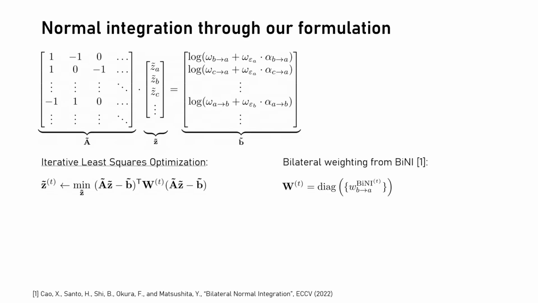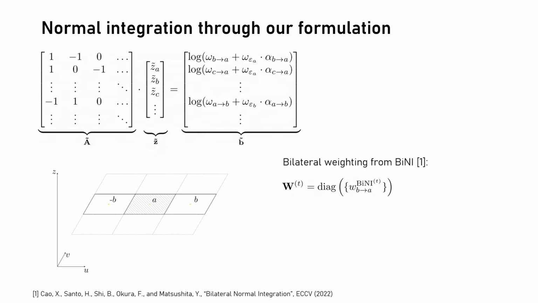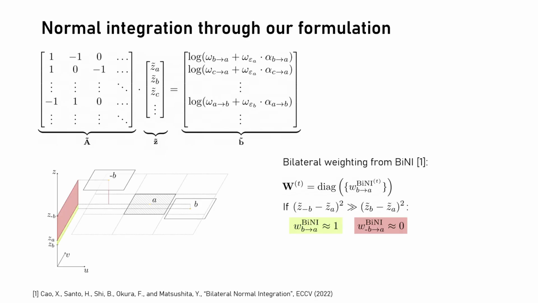We use the bilateral weighting scheme from the previous method BINI, which at every optimization iteration compares the log depth differences on the two opposite sides of each pixel. If this difference is significantly larger on one side than on the opposite one, the equation for the more continuous side receives a weight close to 1, while the equation for the less continuous one receives a weight close to 0.